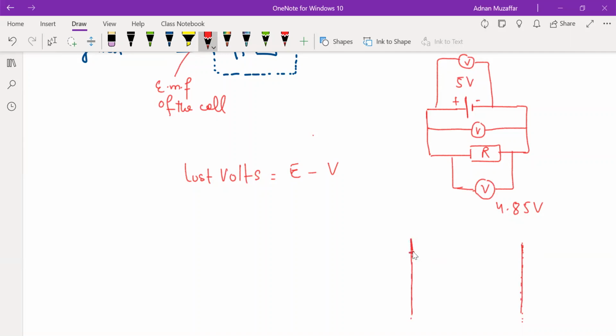At these 2 points, I connected a battery of 5 volts. As it is a positive terminal and a negative terminal, I can call this wire a positive wire and this wire a negative wire. Then I can connect a resistance between these 2 points on the wires.